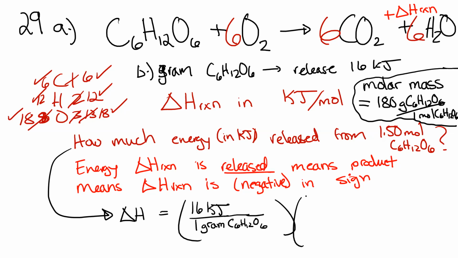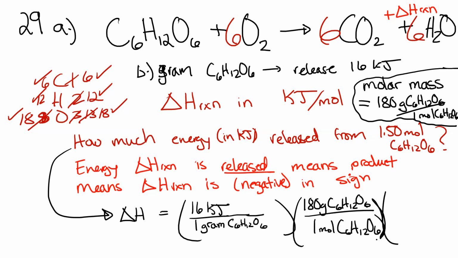So we need to put 180 grams of C6H12O6 per 1 mole of C6H12O6. And finally, it wants us to do this for 1.5 moles. Okay? So we add 1.50 moles of C6H12O6, like so. Do that calculation, and that will give you your final answer. Okay, so you will take 16 and multiply it by 180, and then by 1.5, and you're done.